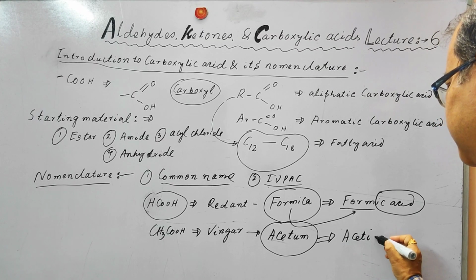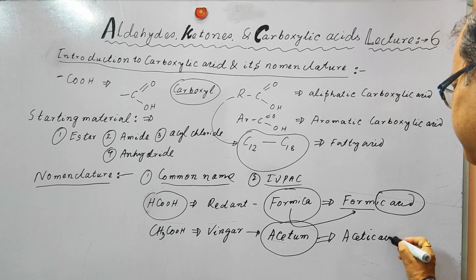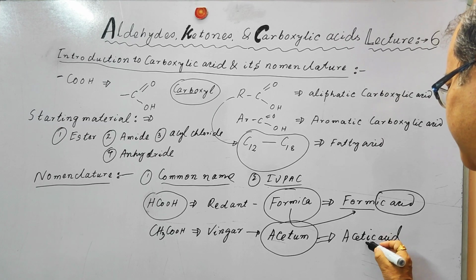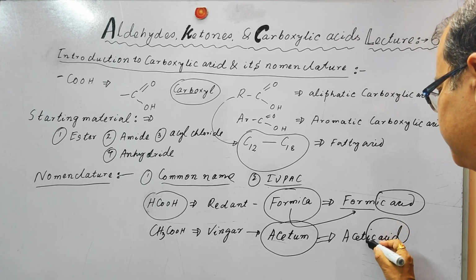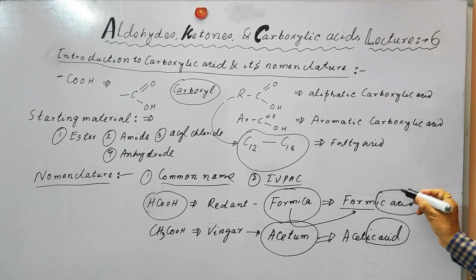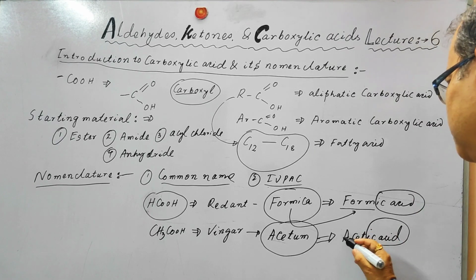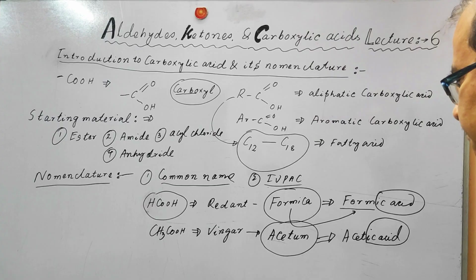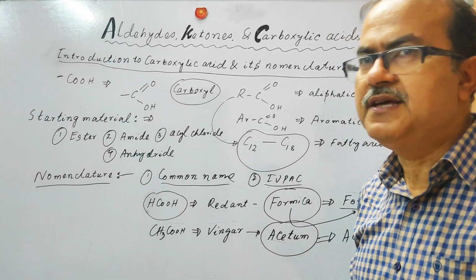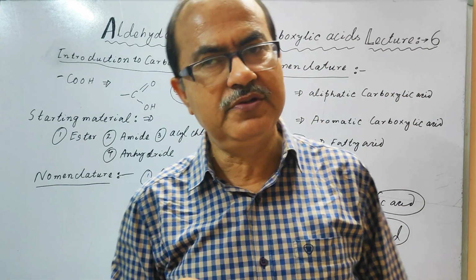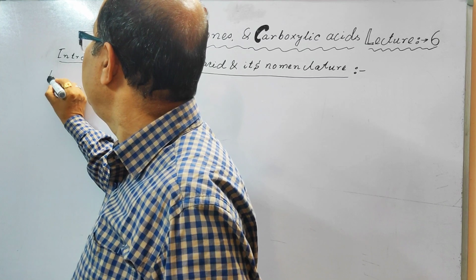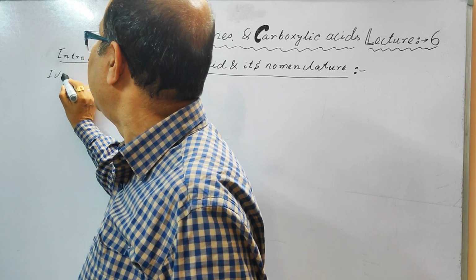In the end, the suffix ic acid has been put here also. So the name is acetic acid. In this fashion, different compounds get their common names.